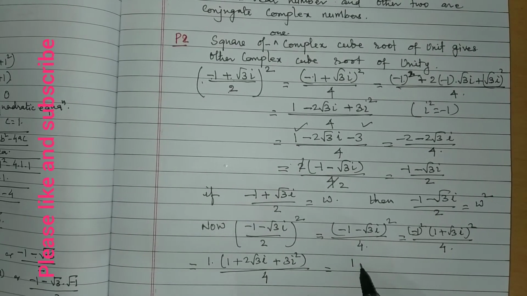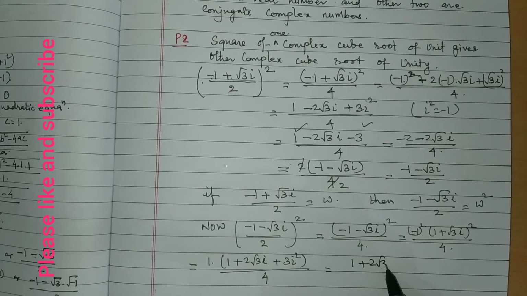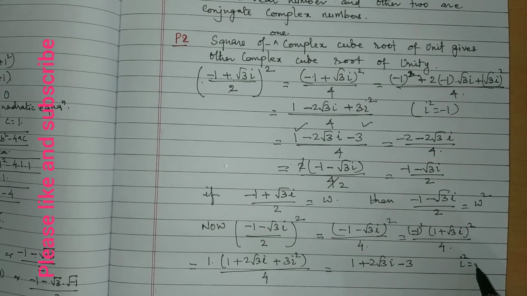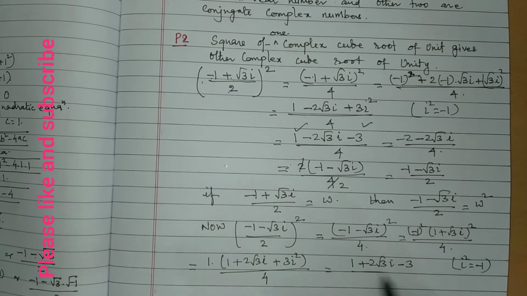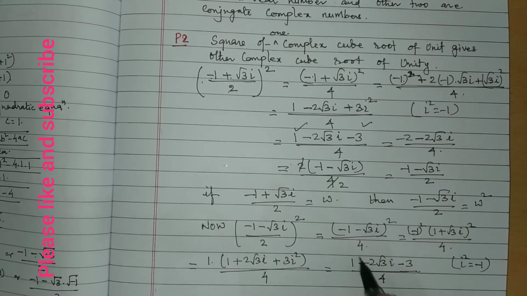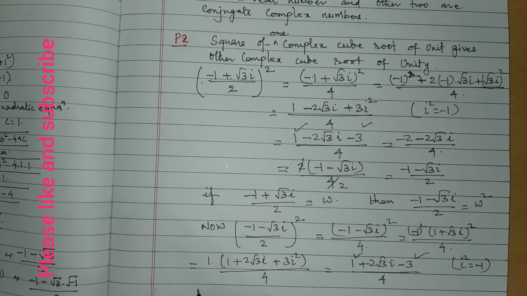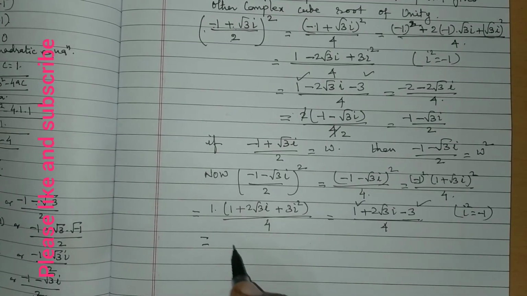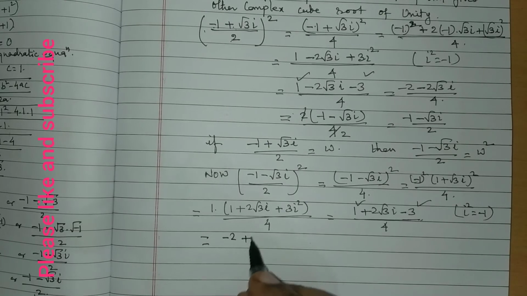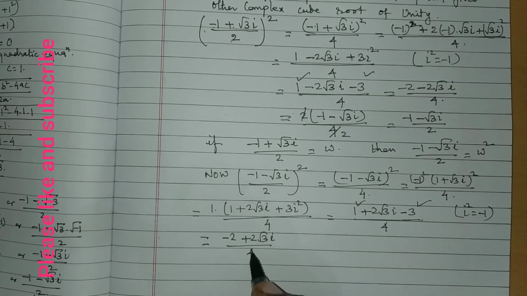So here 1 plus 2 root 3i and -3, since i square is equal to -1, you know it, divided by 4. So this and this, it is equal to -2 plus 2 root 3i divided by 4.